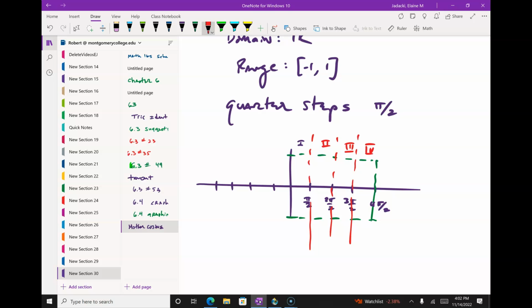Where does cosine start? Sine starts at 0, right, and builds up. Cosine starts at 1 and gets smaller. So cosine starts at 1, gets smaller, and then builds back up. There's my cosine curve.